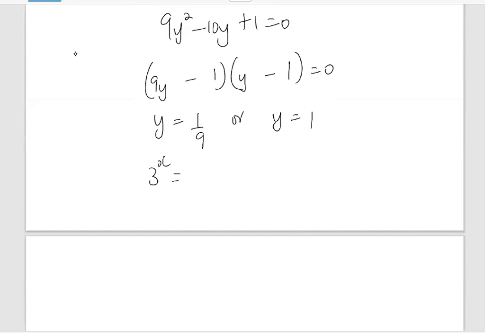So 3 to the x, 1/9 is 3 to the negative 2, meaning that x is a negative 2. Or 3 to the x is equal to this 1. And we know that 1 with a base of 3 is going to be 3 to the 0. So meaning that x will be a 0. So that is how we obtain those two answers.